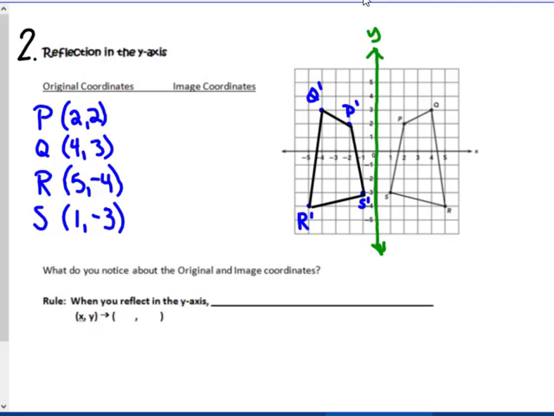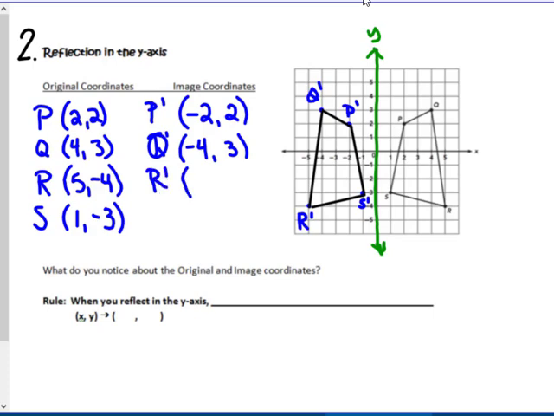So our P prime, the image of P, went to -2, 2. And Q prime went to -4, 3. And R prime became -5, -4. And S prime became -1, -3. So our x coordinate, 2, -2, 4, -4, 5, -5, 1, -1.